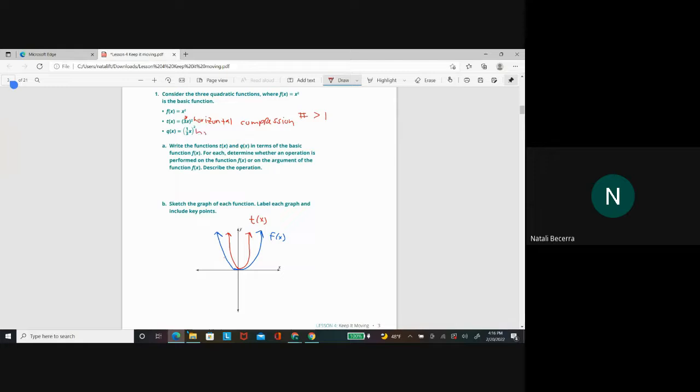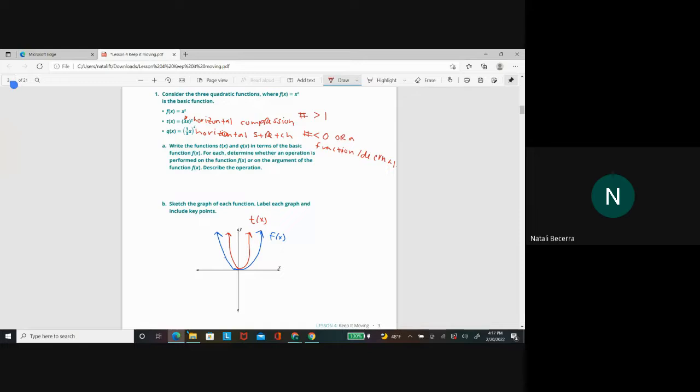So a horizontal stretch, horizontal, you misspelled that, my bad. Horizontal stretch is going to be whenever the number is less than 1 or a fraction slash decimal.